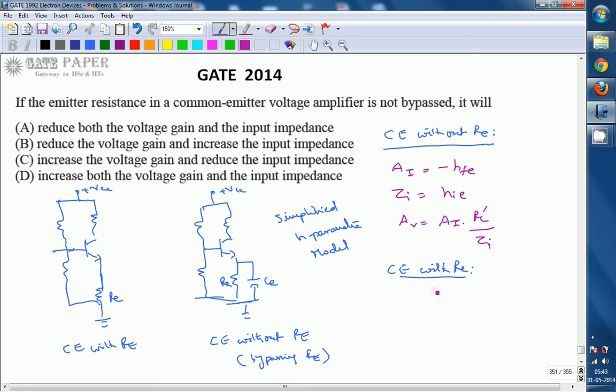And for common emitter with RE, that is, RE is not bypassed, this is circuit 2 and that is circuit 1.